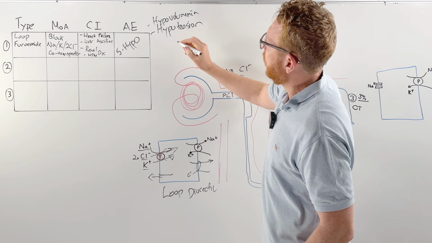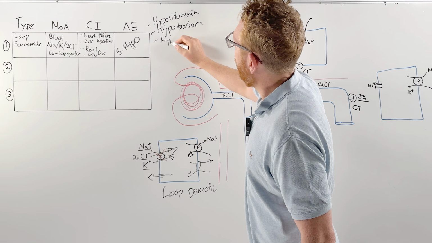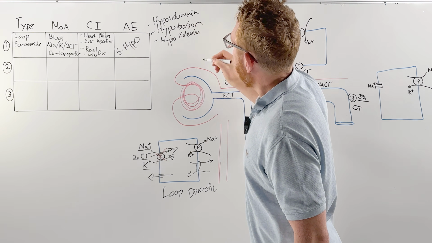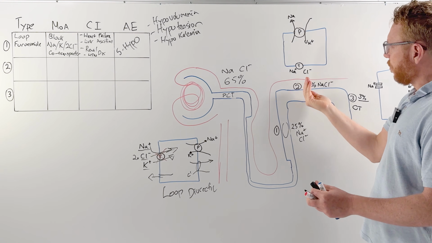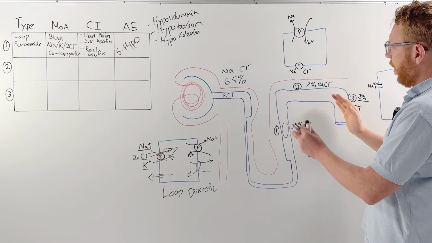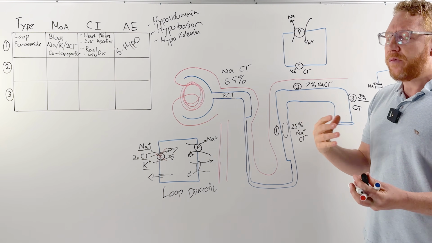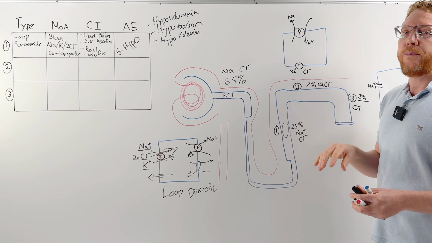But they're also going to lose lots of potassium. So we can get hypokalemia. Now, because we're also flushing a lot of fluid out, as the fluid's rushing past the last part of the nephron, this part of the nephron is also important for handling acid-base balance. We're losing hydrogen as well, but not with bicarbonate.